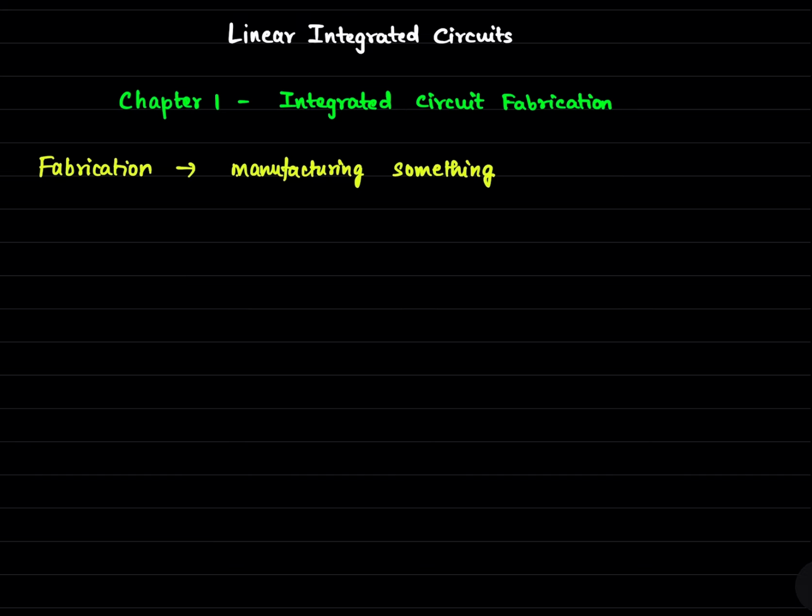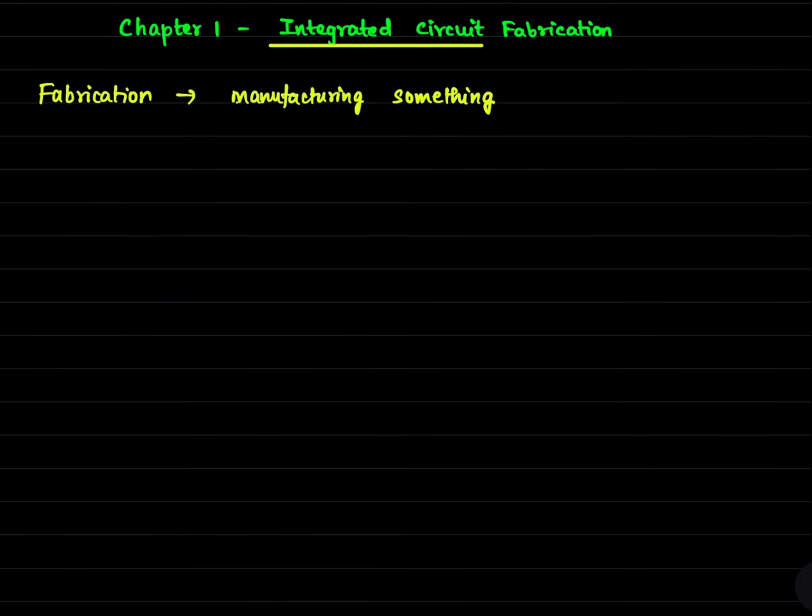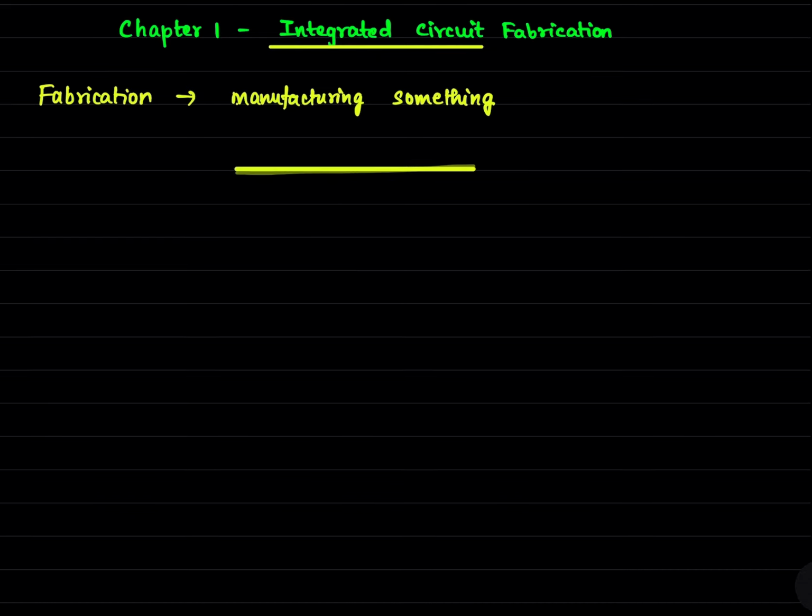So let's move to the other side, the integrated circuit. An integrated circuit is nothing but an electronic circuit, but it is the fundamental building block behind the functioning of all the practical electronic devices which you see. A simple diagram for an integrated circuit looks something like this.